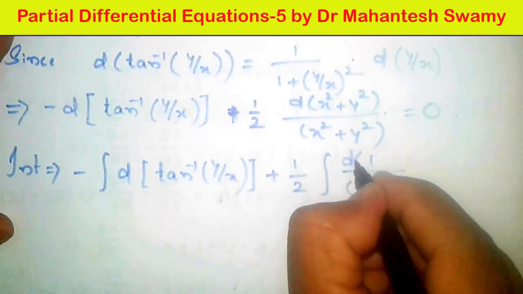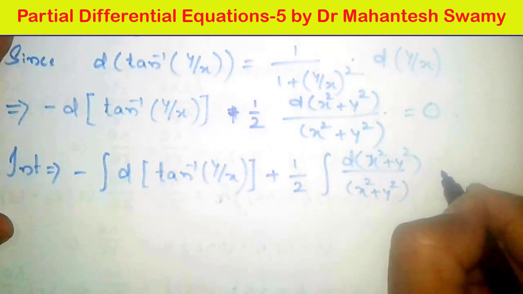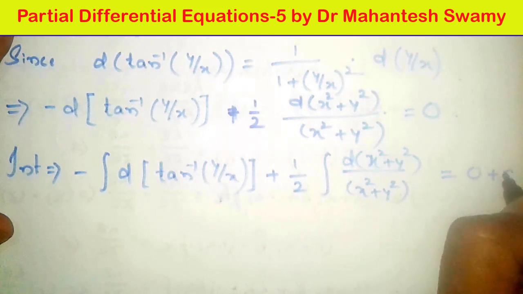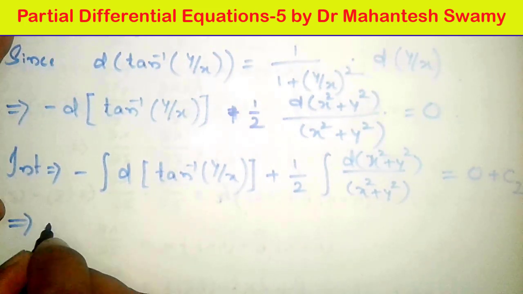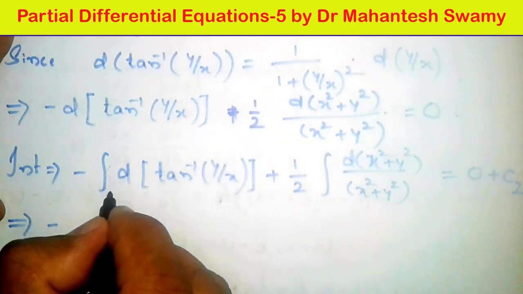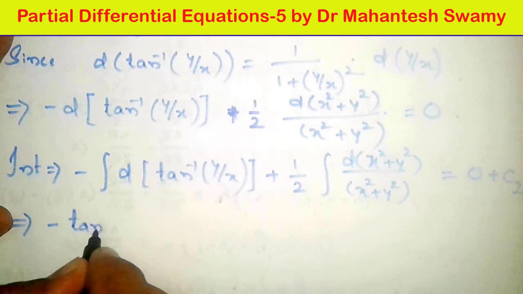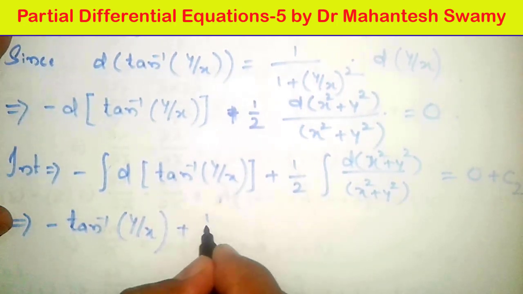In the numerator it is the differentiation of x square plus y square, and on RHS the integration of 0 is 0 plus a constant of integration, let us take it as C2. Now this implies minus sign as it is, the integration and differentiation go off, it is tan inverse of y by x remaining here, plus 1 by 2 as it is.